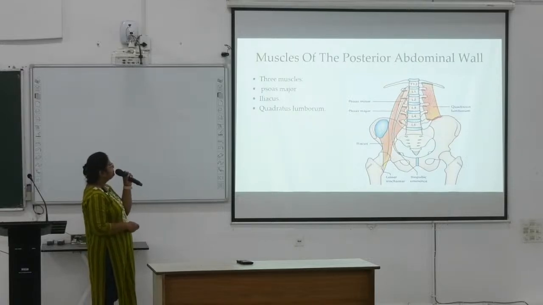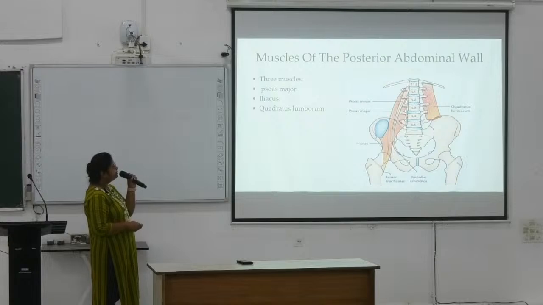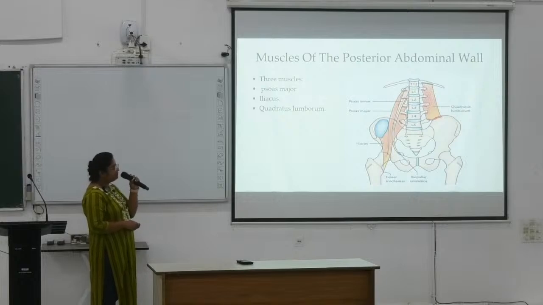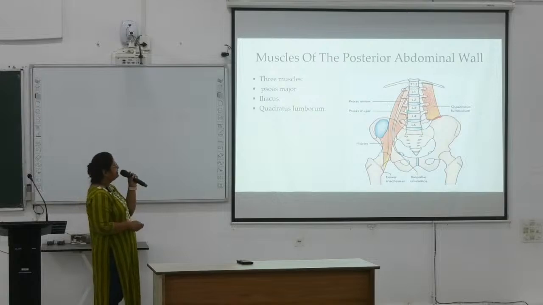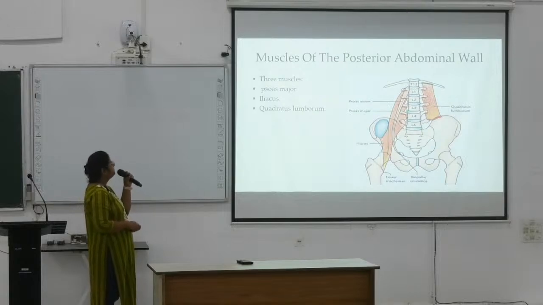Then quadratus lumborum, here is the origin from the 12th rib, and here is the insertion of the quadratus lumborum. And sometimes psoas minor is present, very rarely.